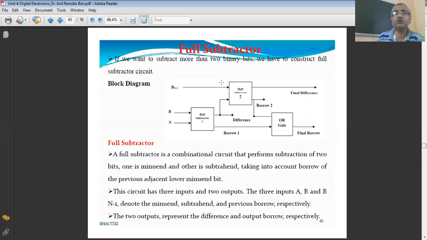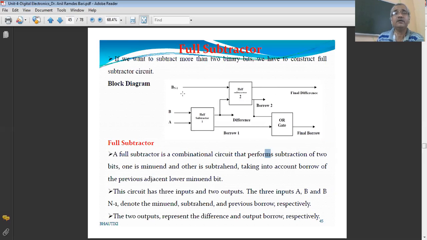So if there is a borrow, then that borrow bit and the difference produced by the first subtractor are again subtracted, and a borrow 2 and the final difference are produced. One output of the first half subtractor is the borrow, and the output produced by the second subtractor is also a borrow. These 2 borrow terms are added by an OR gate and it produces the final borrow. In this way, the final difference and final borrow are produced.